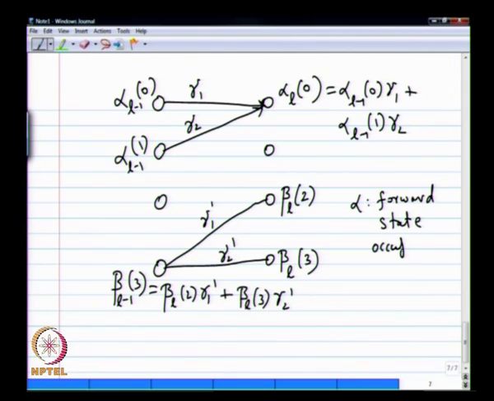These alphas are also called forward state occupation probabilities, and this is a good word because it gives you a nice feel for what they actually represent. What is beta? Beta is backward state occupation probabilities.